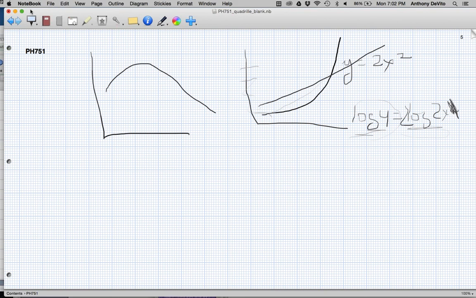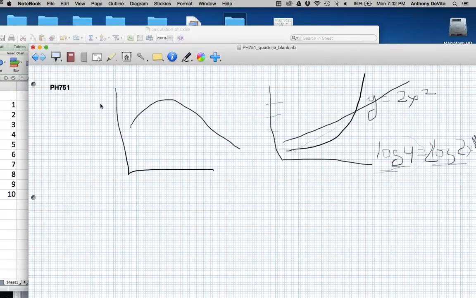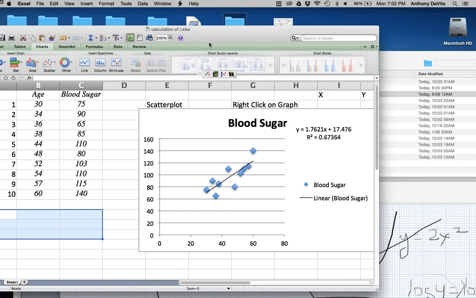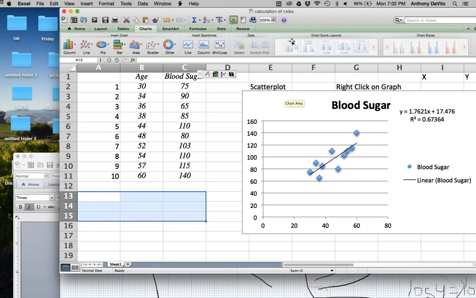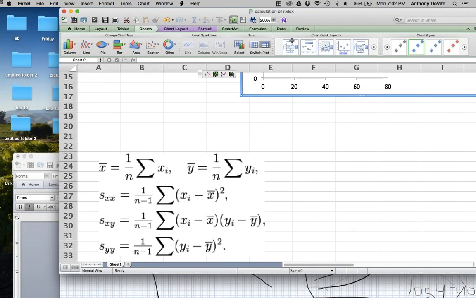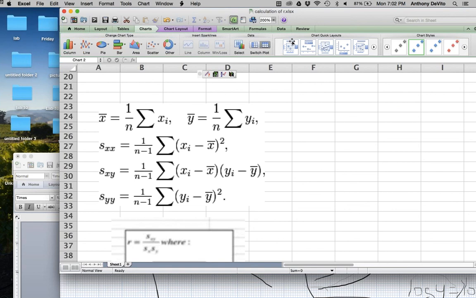Okay, so let's do a quick calculation here on my Excel spreadsheet, and you can just watch me going through this. Some of the formulas that you were working with before dealt with the average variability for the x values, for the y values, and for the combined x and y values. On the slides, we calculated all these variables.